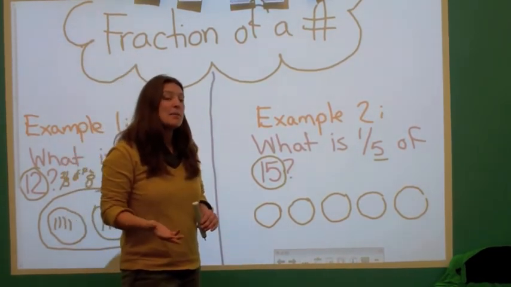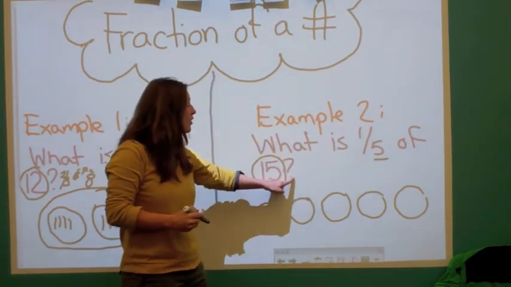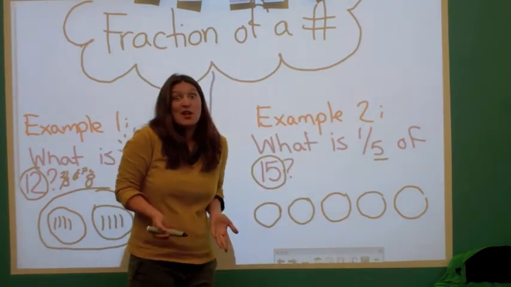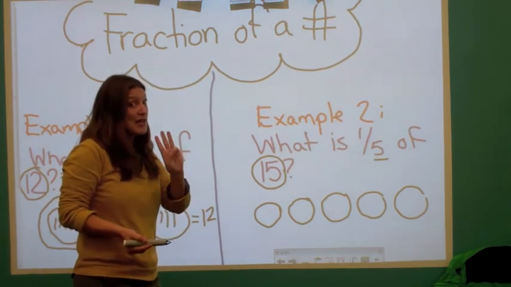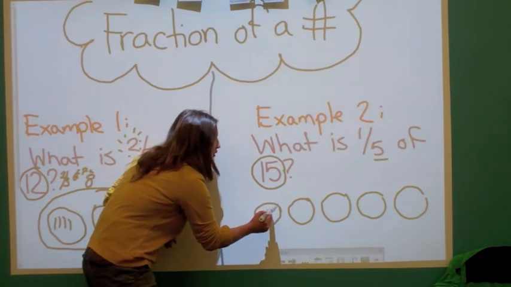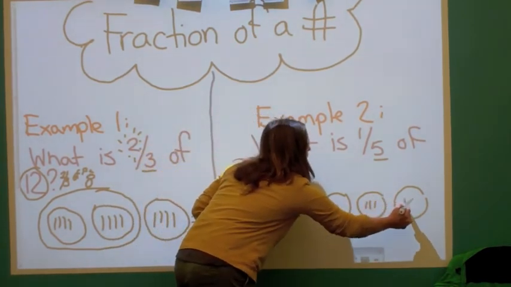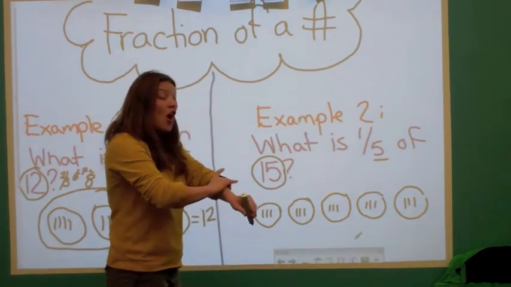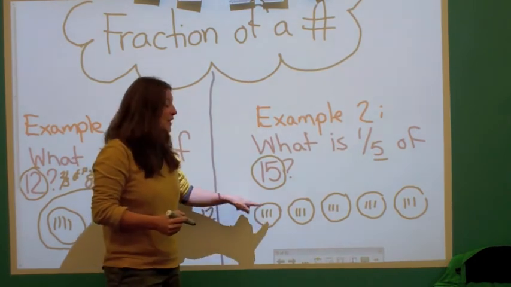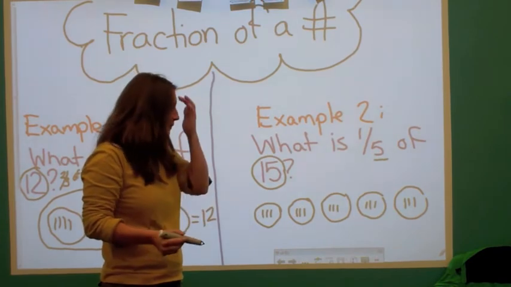Then the next step is to ask, how many times does my number in the denominator go into my whole number? 5 goes into 15, since I know my fast facts. It goes in 3 times. 3 is the number I'm going to put in each circle. All that really says is 5 groups of 3 is equal to 15. And you agree with that, right? Those are fast facts.